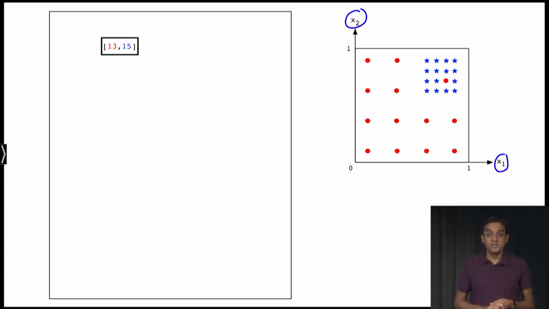The way we're going to do this is literally by trying all possible splits. We can split either along x1 or x2. Along x1, we could split over here, or here, or here, or here, or here. Along x2, we could split here, here, here, here, or here.